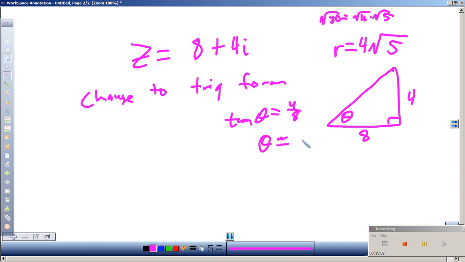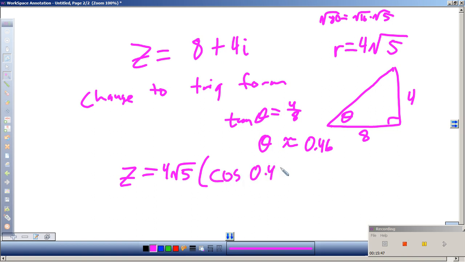Give me in radians. 0.46. So our trig form: z will equal r, which we calculated up here, 4 square root 5, times cosine of 0.46, plus i sine of 0.46. And we have trig form.